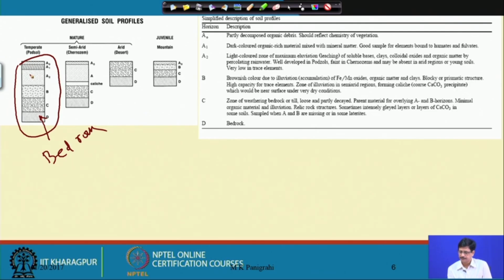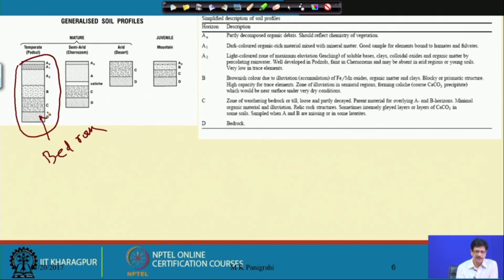Then the A2 layer is a light colored zone of maximum eluviation, which means maximum leaching has taken place in this zone, rich in clays, colloidal oxides and organic matter carried by percolating rainwater.